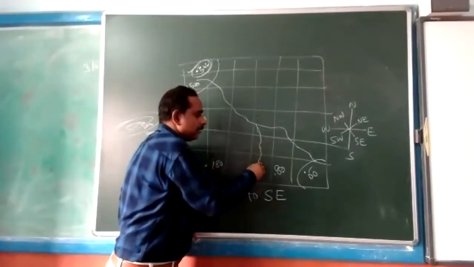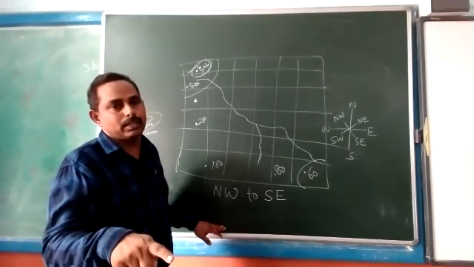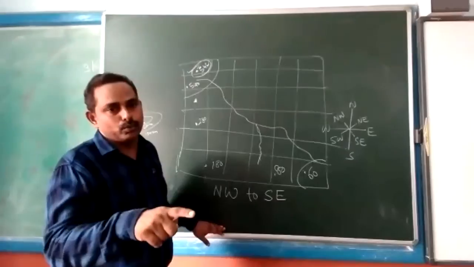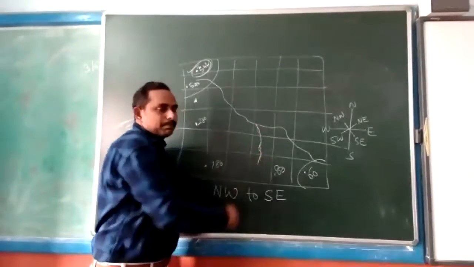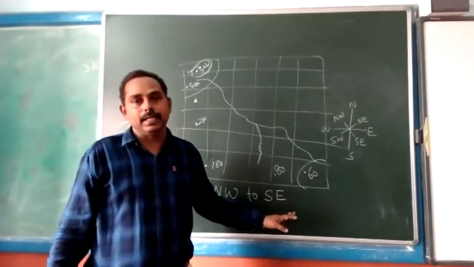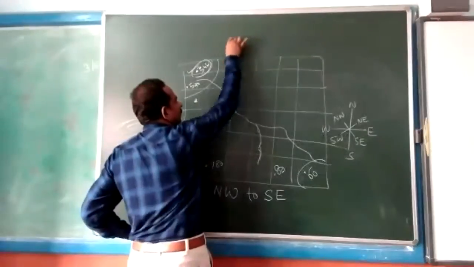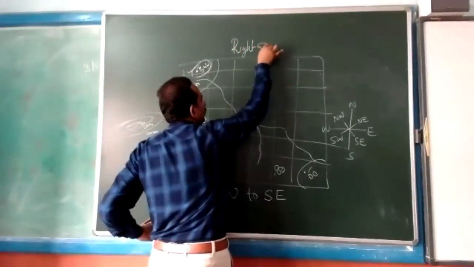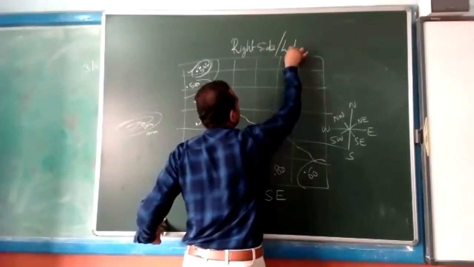In your book, it is given: Sippu Nadi, which side does Belram Nadi move? So how do we find out which bank, which side? You have to find out either the right side or the left side.